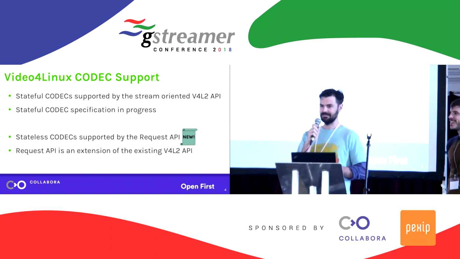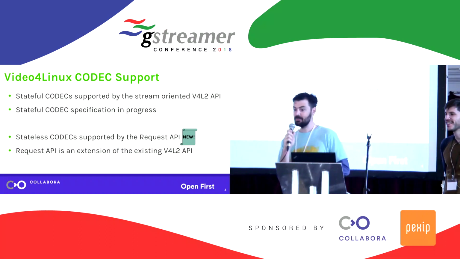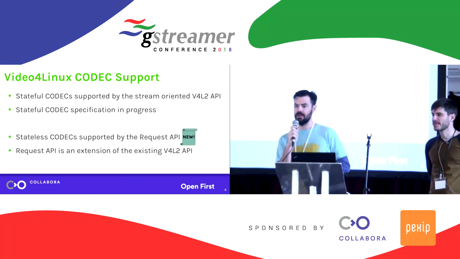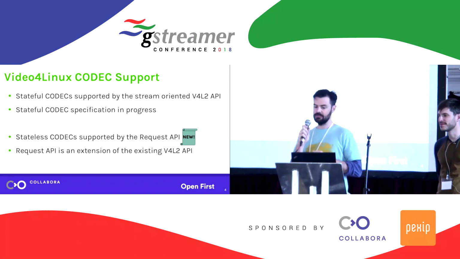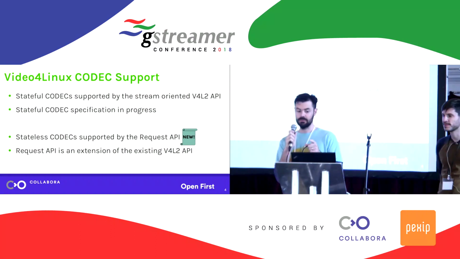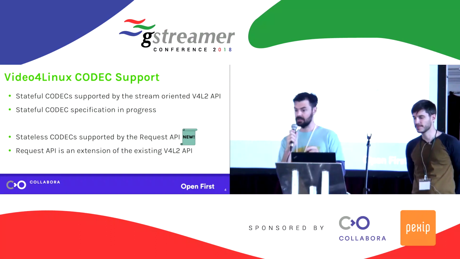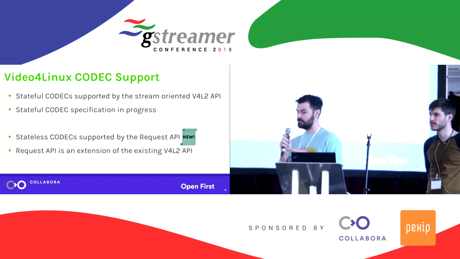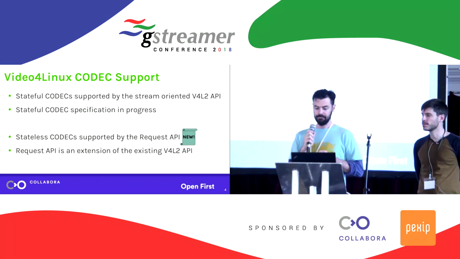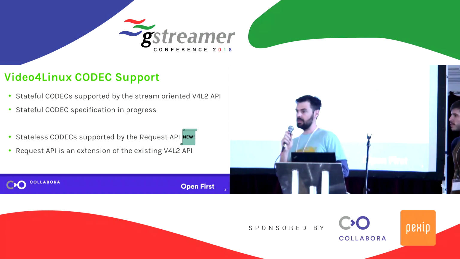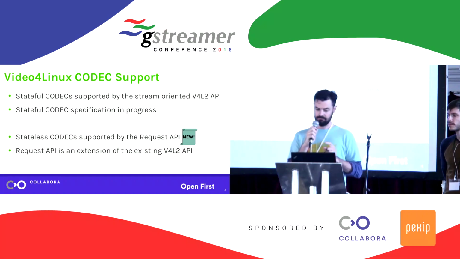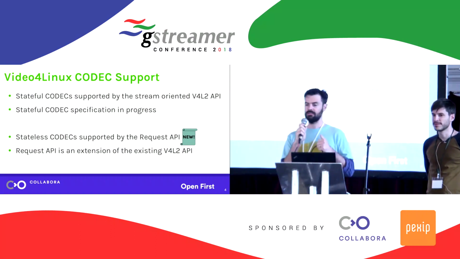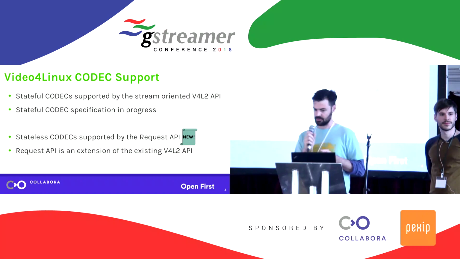The request API sits on top of the normal Video4Linux API, and it adds a concept of these things called requests. The requests allow you to do a number of interesting things, such as associate buffers synchronously with metadata. I'm not going to be talking about that much. The request API also has its own spec, which is also under discussion.